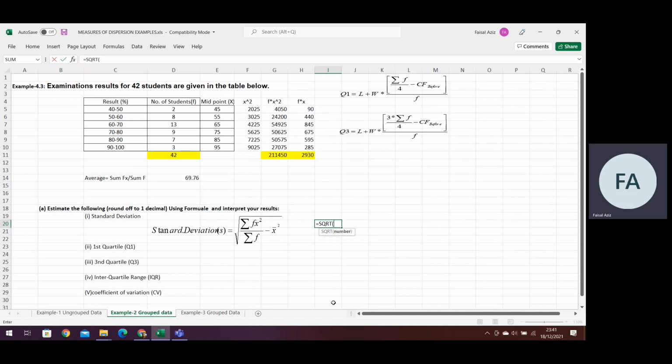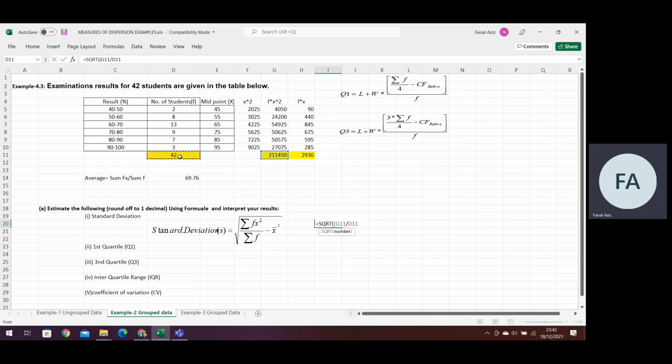Then it says summation fx square divided by summation f. So I'm just opening another bracket for the sake of clarity, so that we will not get error. So this is summation fx square. I will select this and divided by summation f.